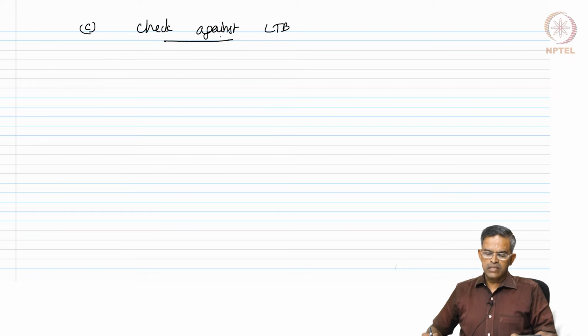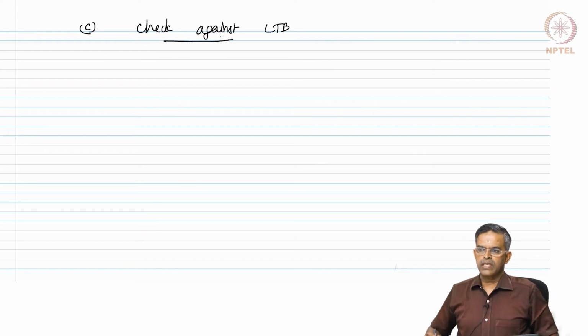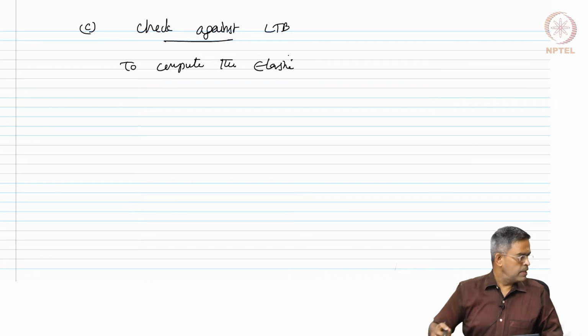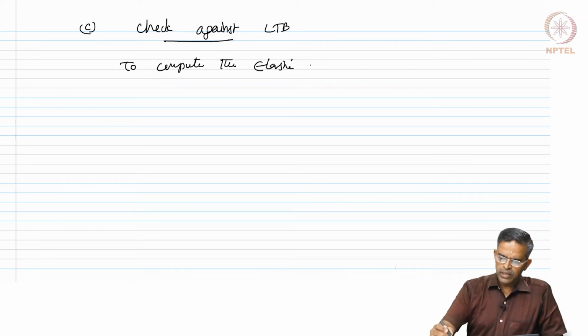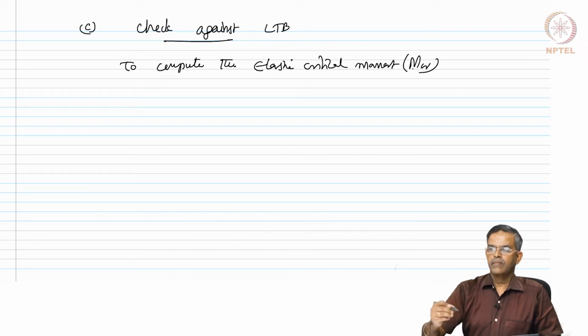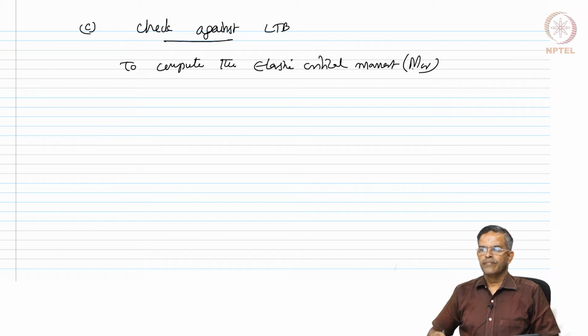So, to check against LTB, we are going to check the elastic critical moment. Now, to compute the elastic critical moment, based on the support conditions and the loading applied at the top flange level.